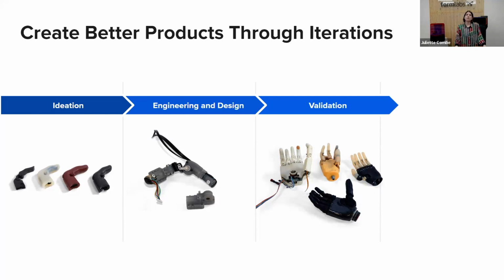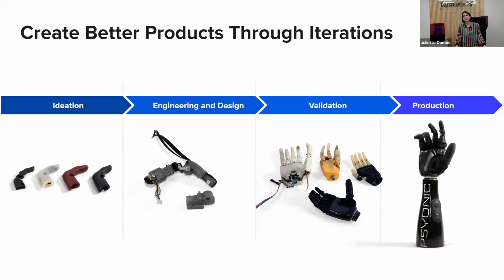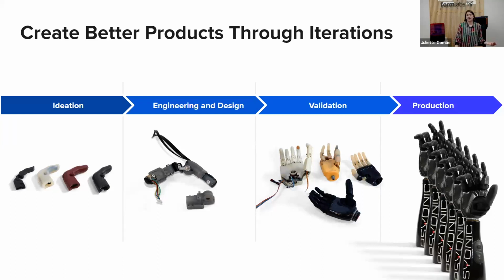So those will be phases where you will want to produce more units, probably even up to 500 units. This is pretty common for market testing, user testing and mechanical testing as well. And finally, you go into production, and this is commercialization and manufacturing, and usually it's mass production.